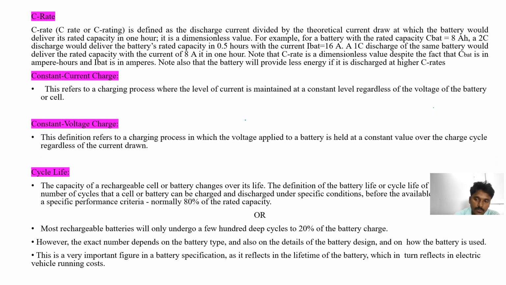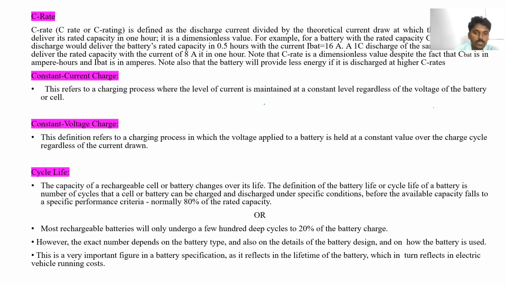Okay, life cycle of the battery. What is meant by life cycle of the battery? The life cycle of the batteries depends upon the number of charging and discharging cycles. The capacity of a rechargeable cell or battery changes over its life.